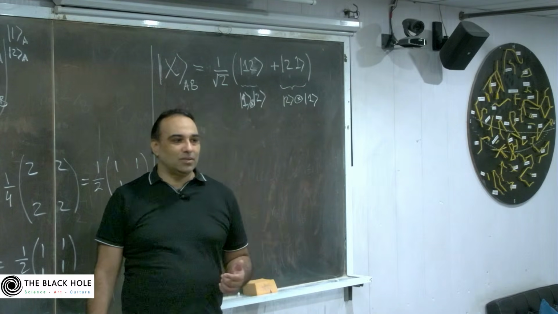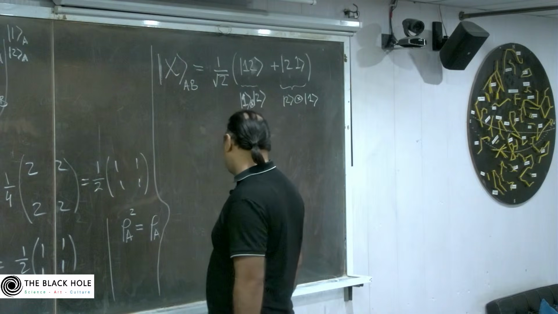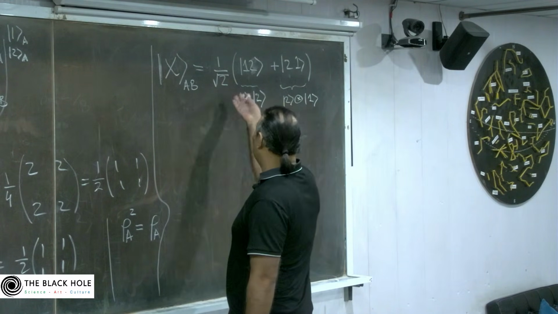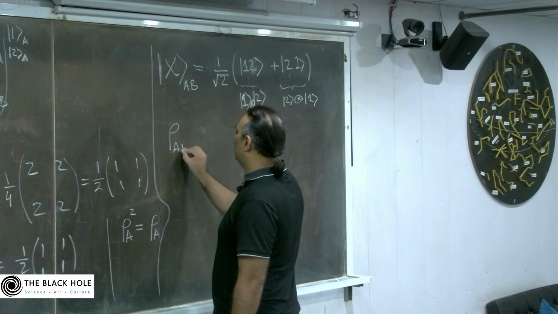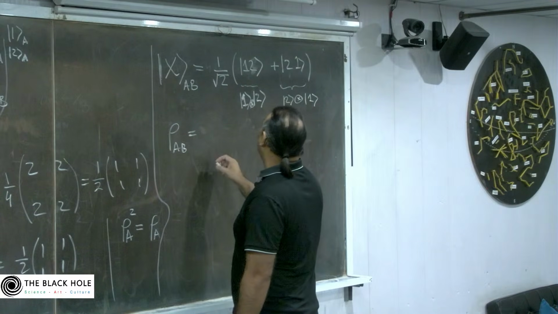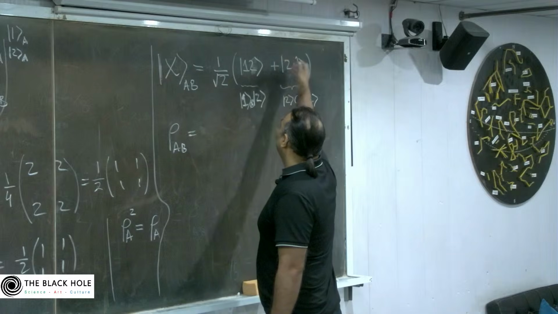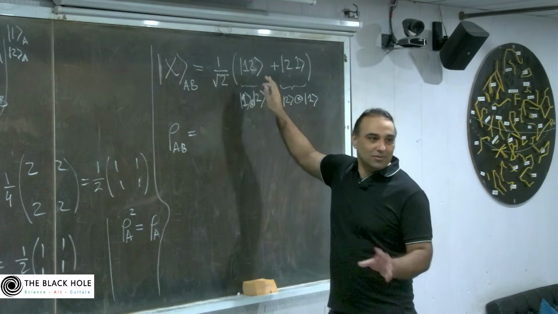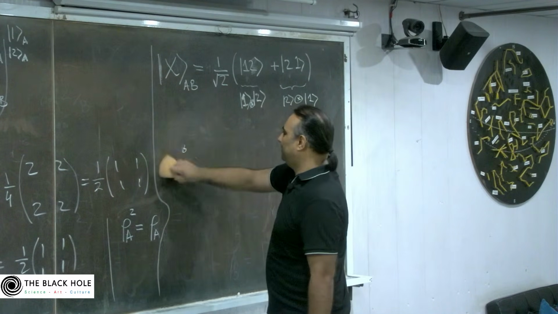But when you talk about a subsystem now, then things get a little strange. So you compute the density matrix for this. Let's call it rho AB, and this matrix now is 1 1, 1 2, 2 1, 2 2. So it's the middle two states, so 3 and 4. Okay, so in our previous notation, these two are 3 and 4.